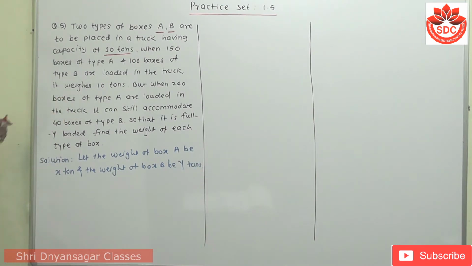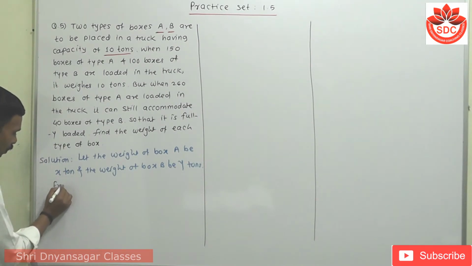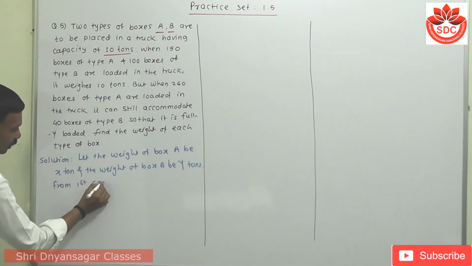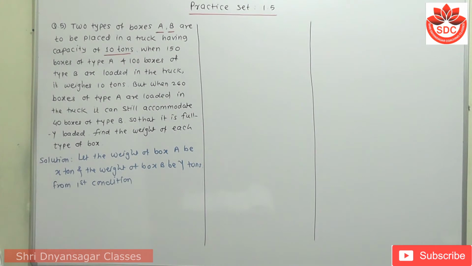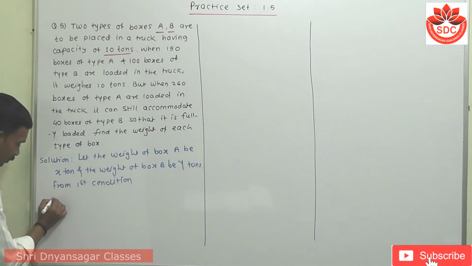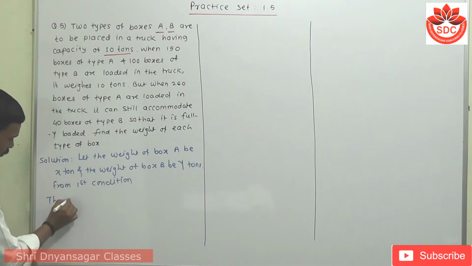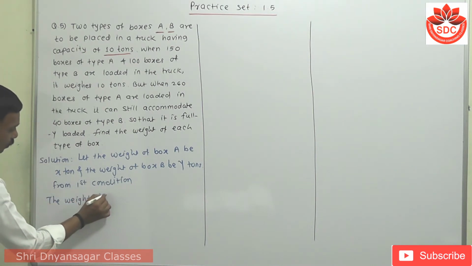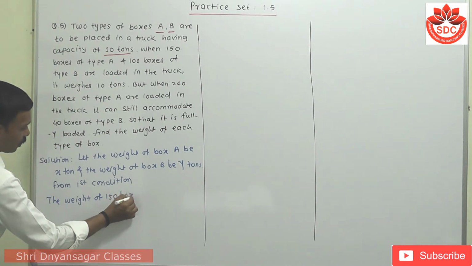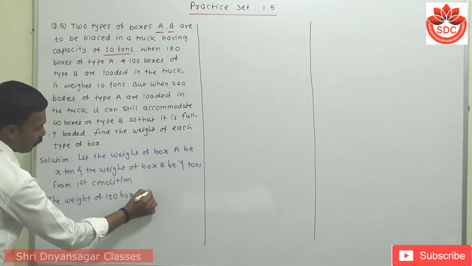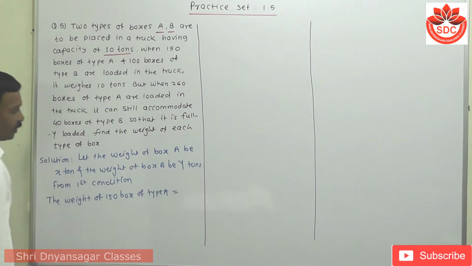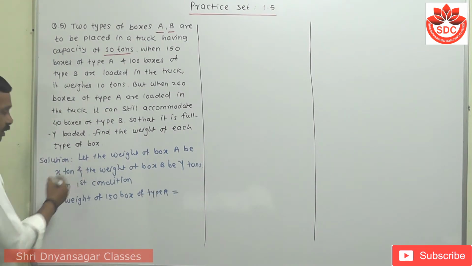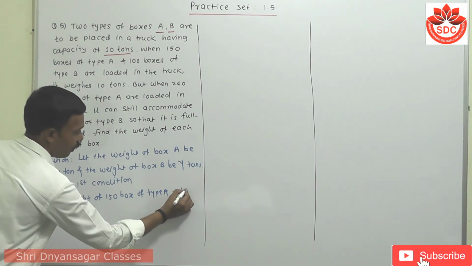Now here, when 150 boxes of type A are loaded, therefore from the first condition, the weight of 150 boxes of type A is equal to, you have to multiply by its weight of x tons, which means 150x.